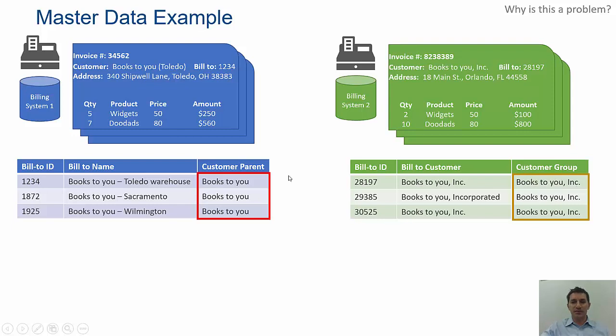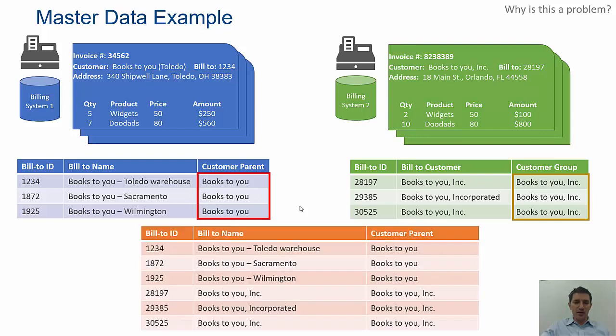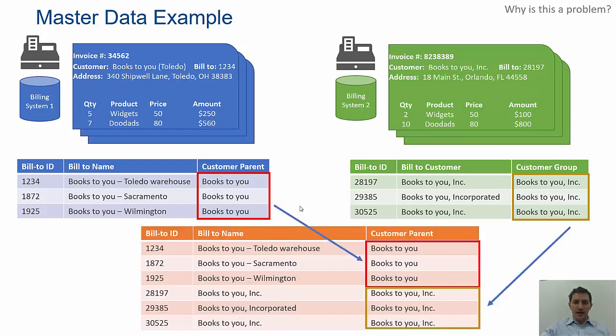This one's Books to You Inc. versus Books to You over here. If we had an initiative to bring all the data together in a big data warehouse, we could do that. However, if we're using customer parent and we bring Books to You here and Books to You Inc. over here, we're not going to get consolidated data.